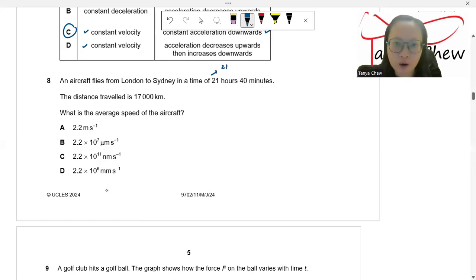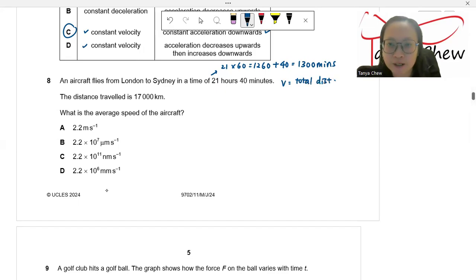So you take 21 hours times 60, which gives you 1260 minutes, plus this 40 minutes. So you get 1300 minutes. From minutes, you can change to seconds very easily. Average speed is equal to total distance traveled by the aircraft divided by the total time taken.